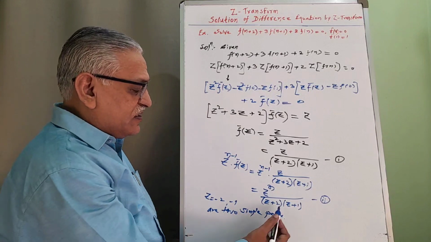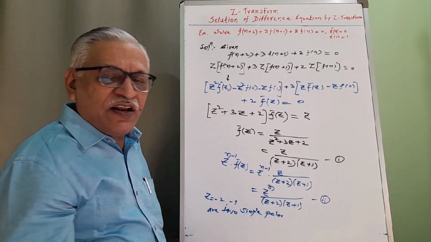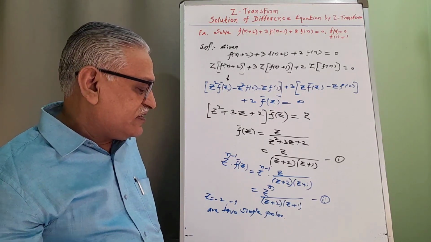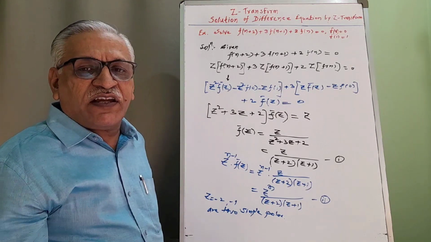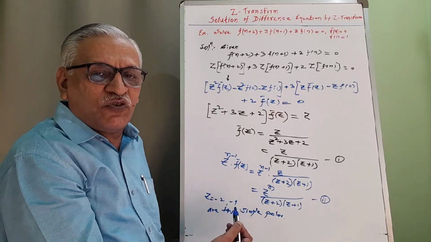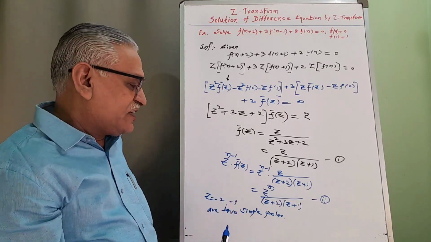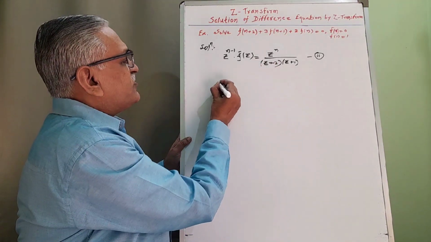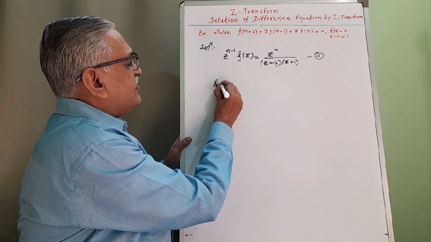Simple pole means the power of these terms are 1. That's why these are simple poles. And next step is we try to find out residue at the first pole and residue at the second pole by applying the technique.